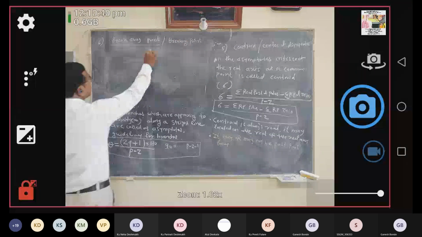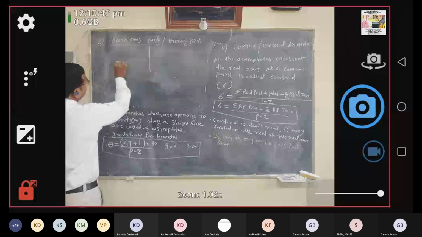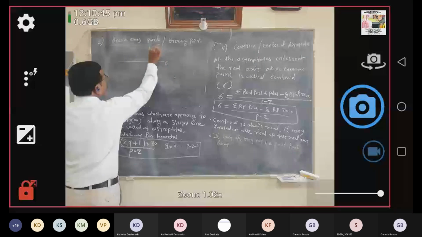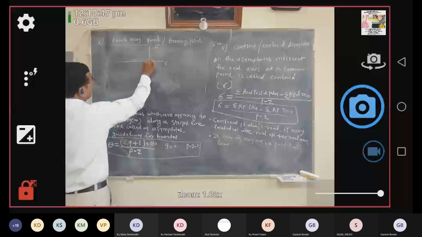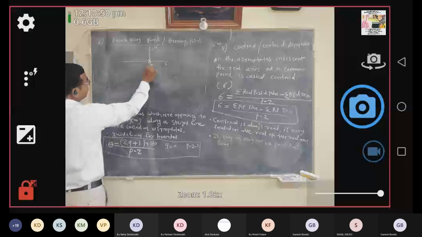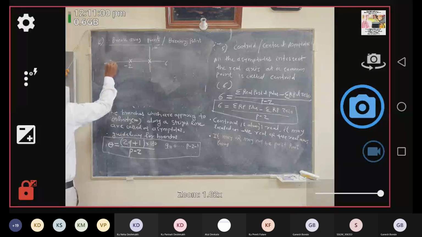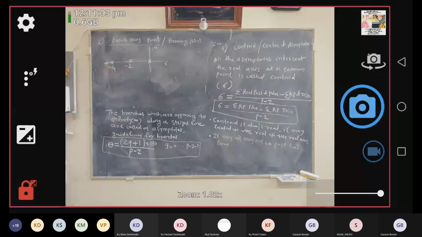Let me give you a small example. Let's say this is our S plane. One pole is located at the origin, one pole is located at -2, and the third pole is located at, say, -4.